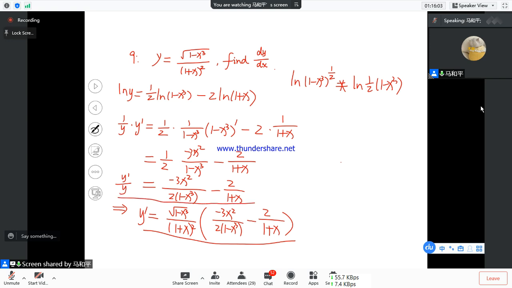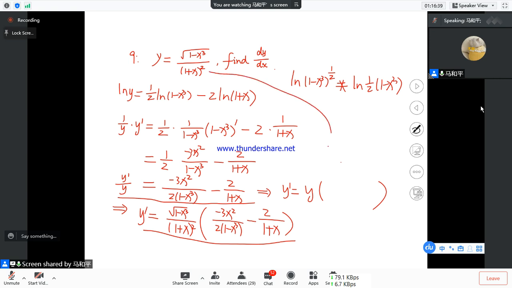So just multiplying both sides by y, y prime is y times this one, right? And y, we replace with the original expression. Outside the bracket is the square root of 1 minus x over 1 plus x squared.